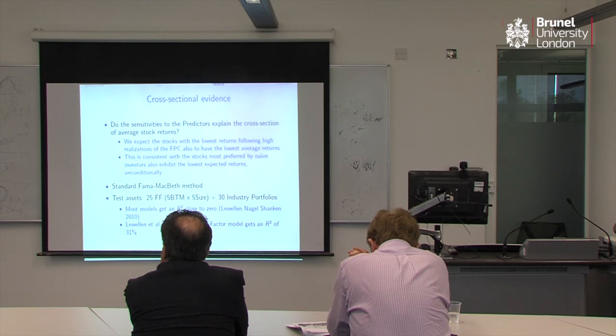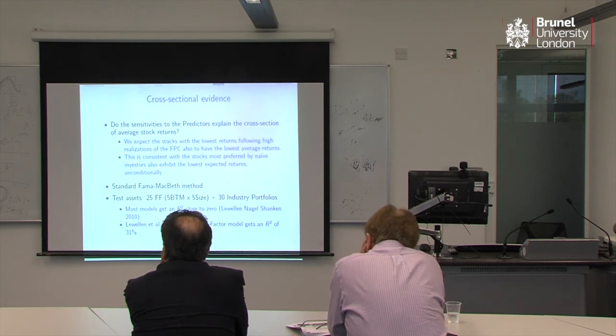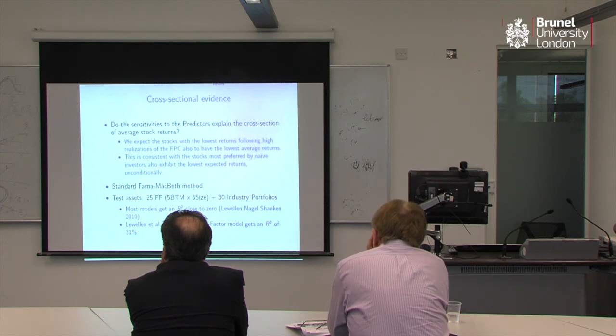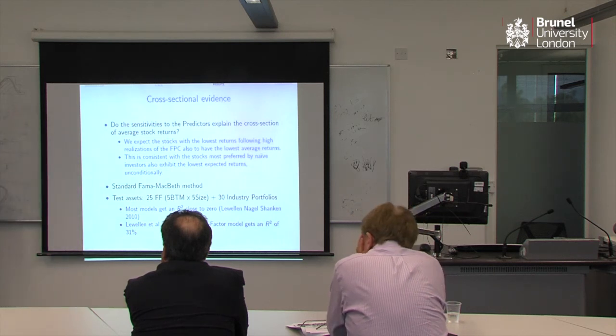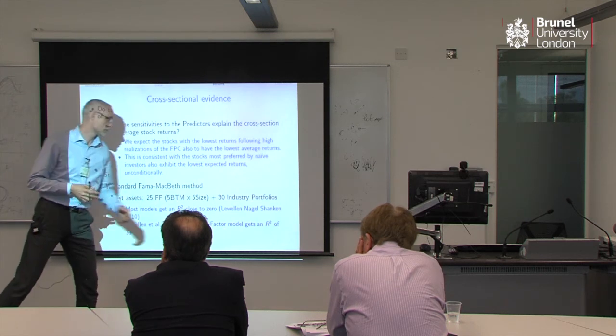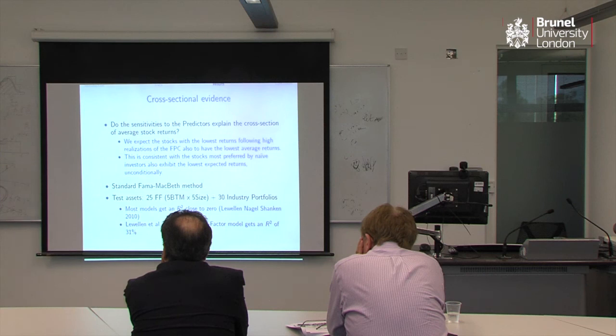We talked a little bit about test assets early on. The Fama-French 25 portfolios, of course, have been criticized as test assets, as being easy assets to explain the cross-section. So Lewellen, Nagel, and Shanken propose supplementing those with the 30 industry portfolios from Fama-French.